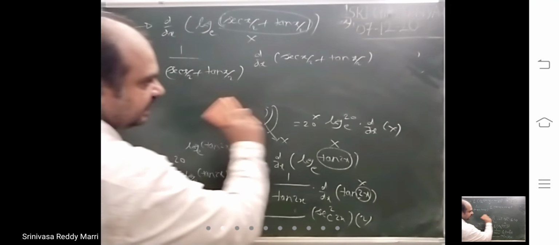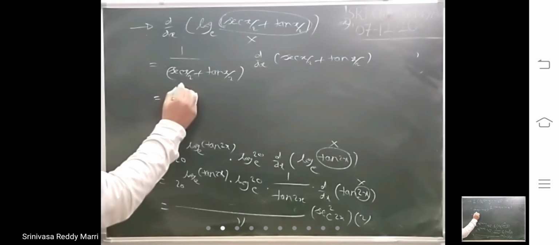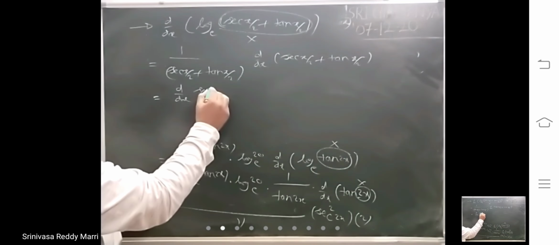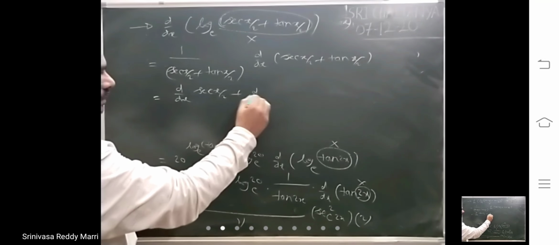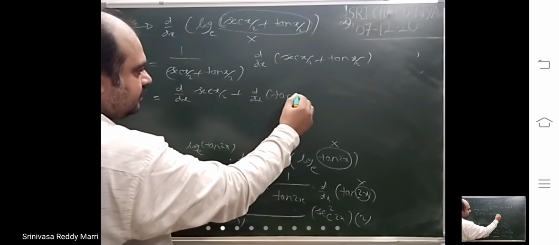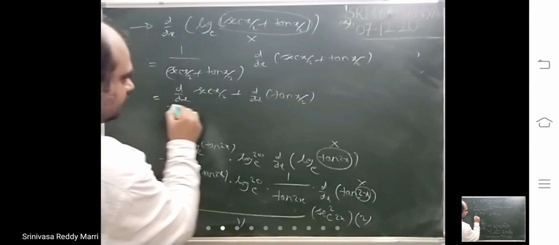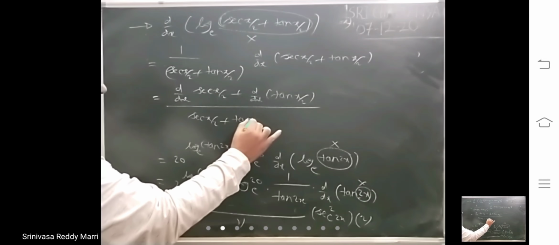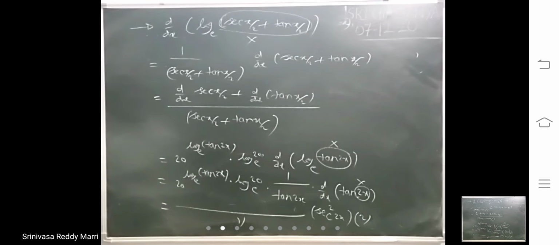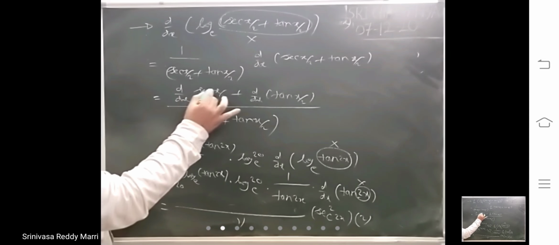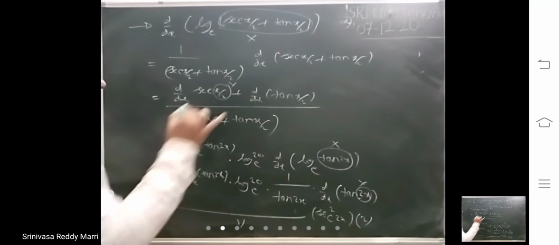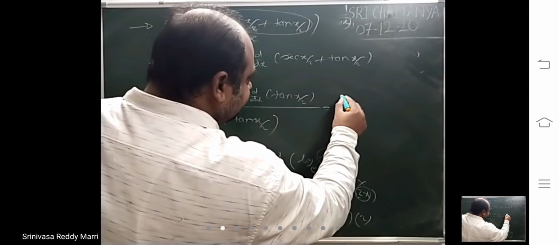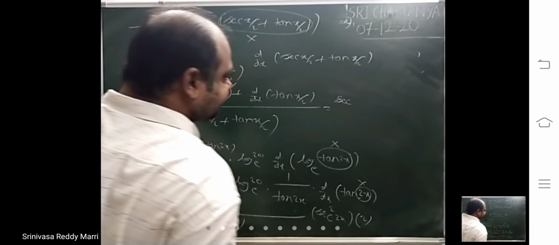Right? So now this is u and v separate. Now look at d by dx of secant. This you treat here as capital X. So secant x, what is the formula? Secant x tan x.